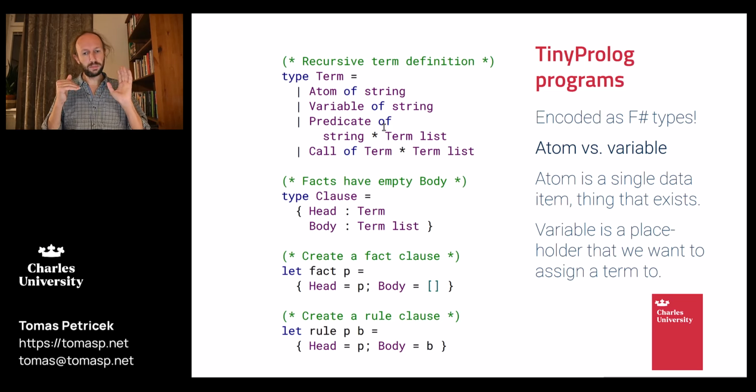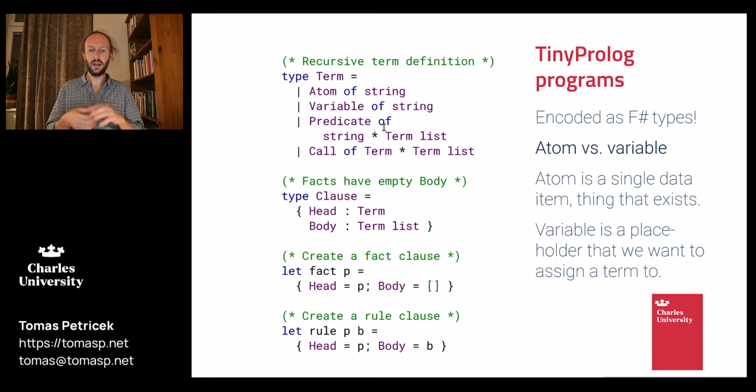Our program will then be a list of clauses, and a clause can be either a fact, in which case it just has a head and an empty body, or it can be a rule, and then it has both a head and a body, which is again a collection of terms. So to create a fact, we create a clause with head and no body. To create a rule, we create a clause with head and a body.